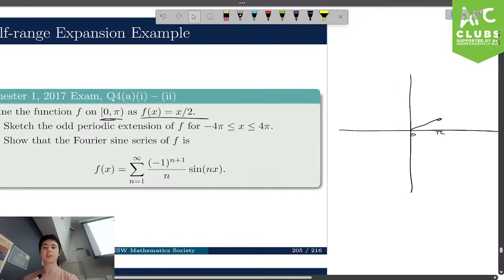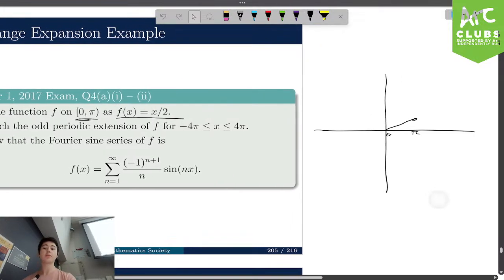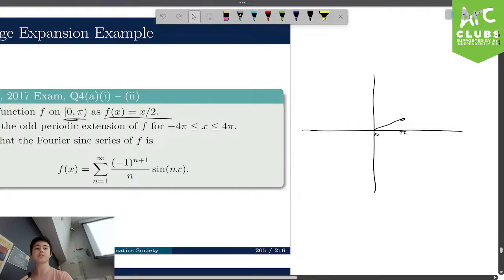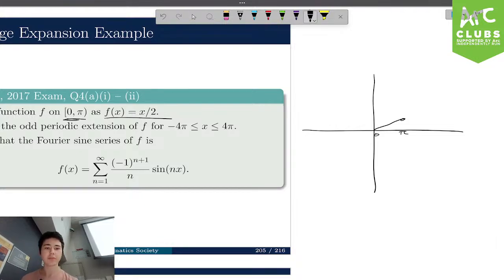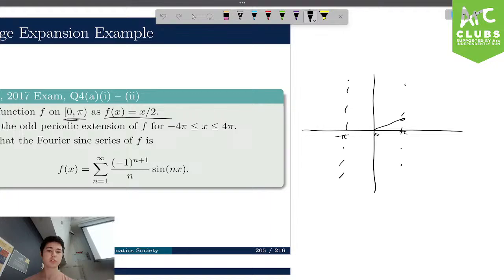And now we want the odd periodic extension. Our function here is given as a half period, so this is from 0 to L. L is pi. So we have a repetition about minus pi to pi. Given it is odd, we're going to reflect it, and so it remains being x on 2 as our function.